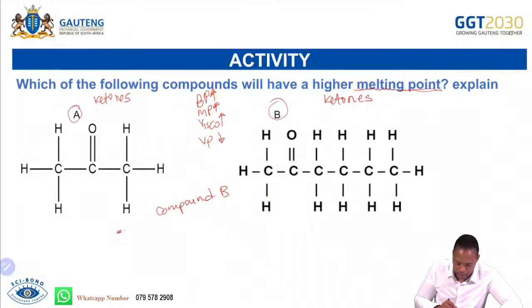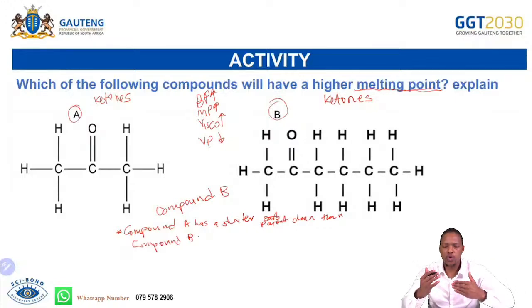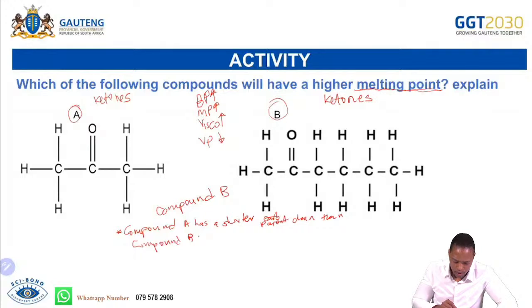You could say compound A has a shorter parent chain than compound B. Remember, you are comparing. So the issue of comparison should always be there. That's point number one. And what do I say? This is point number two.